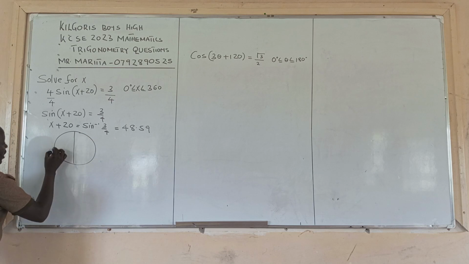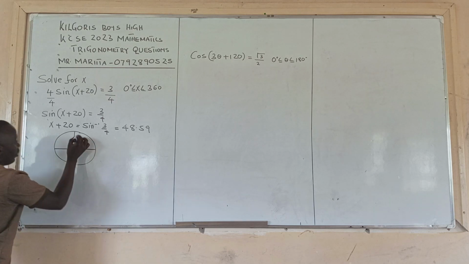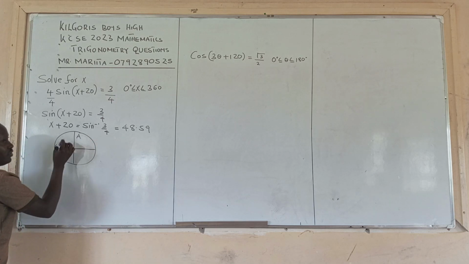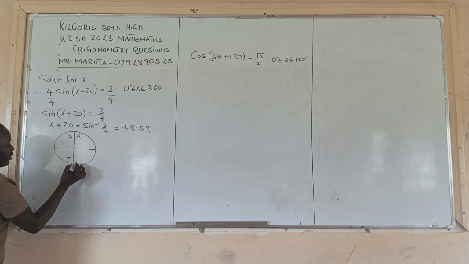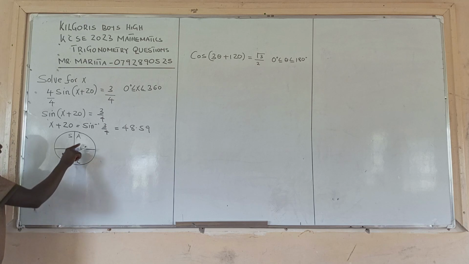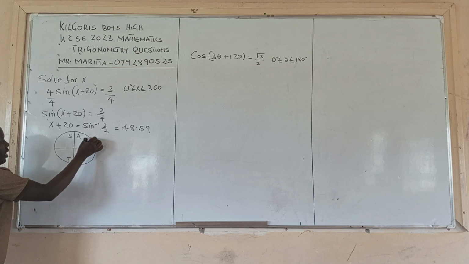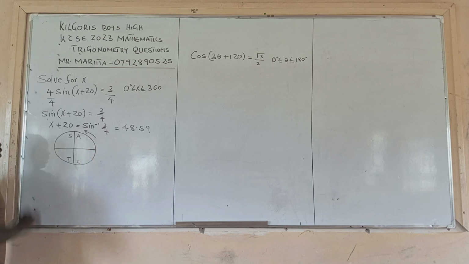Having a unit circle like this, in the first quadrant all the trigonometric ratios are positive, then second, third, and fourth. Remember, we are moving in this direction.